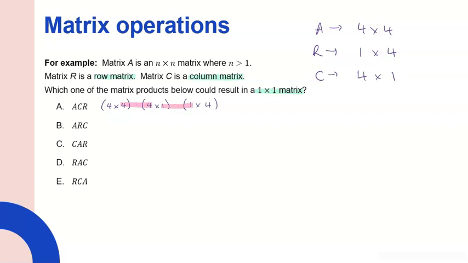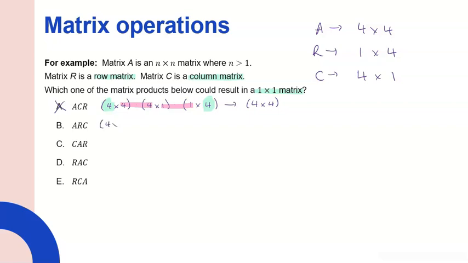Our answer, however, will result in a 4 by 4 matrix. So whilst it's defined, it actually doesn't fit what we want as our result. So A is not our answer. So let's check the next one.